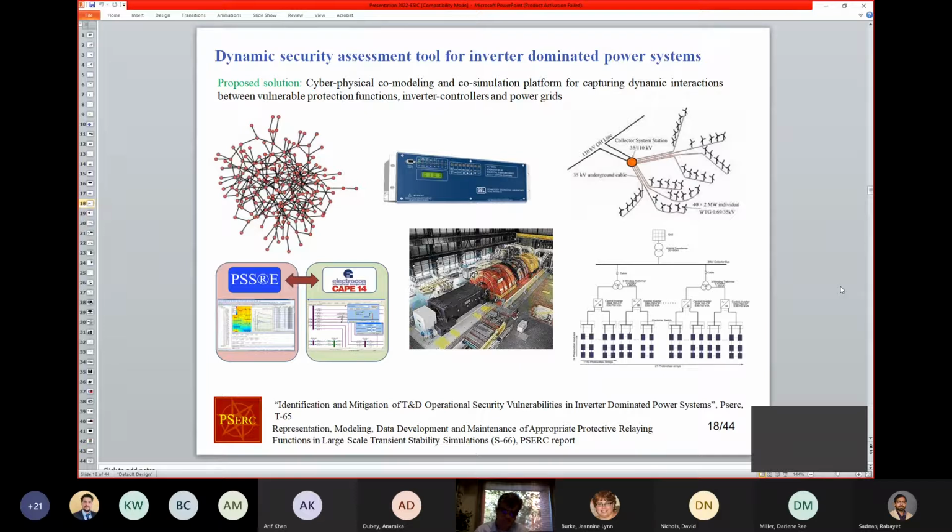We use co-modeling and co-simulation of different aspects: realistically modeling the dynamic response of PV and solar farms, capturing the interaction between protection and the power grid, and of course the different aspects of the power grids. I will discuss this in more detail in a few minutes.